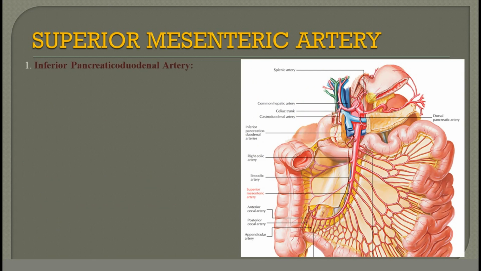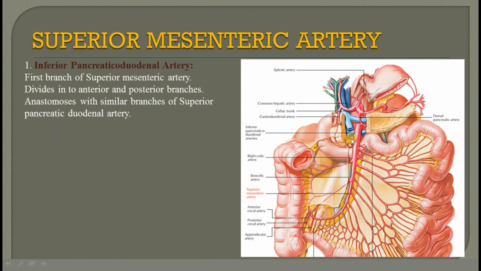The inferior pancreatico-duodenal artery, from the right side, is the first branch of the superior mesenteric artery, and you are able to see it divides into anterior and posterior. See the groove between the head of the pancreas and the concavity of the duodenum, that is between the first, second and third part.